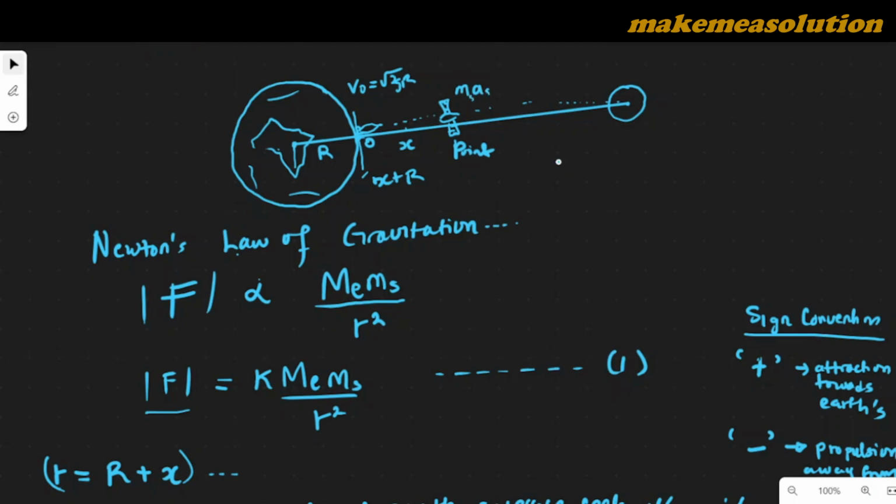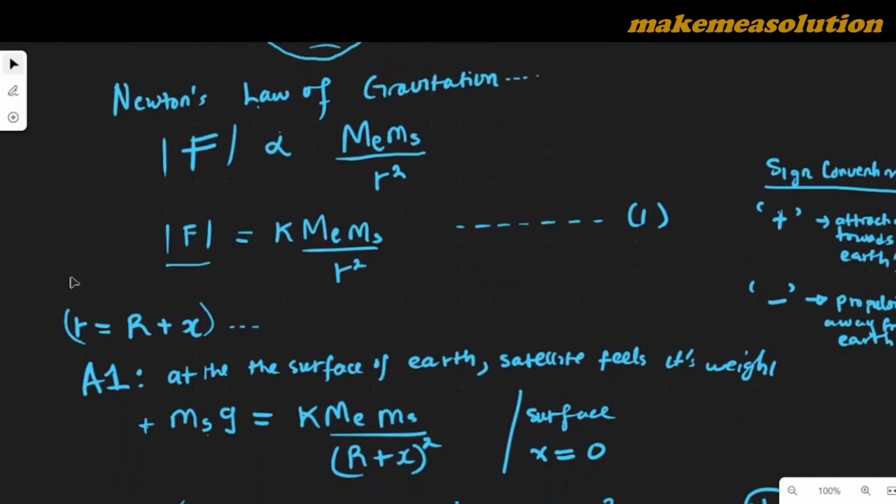And of course this force is directed away from the earth. So this force is a propulsive force that moves the satellite away from the earth, unlike the force that attracts it downward. Therefore, the sign convention will be a negative sign.